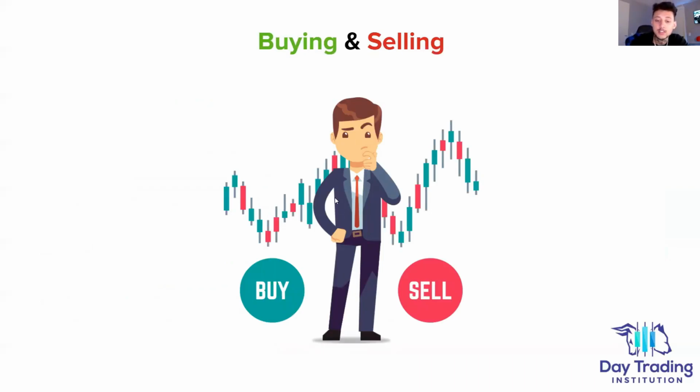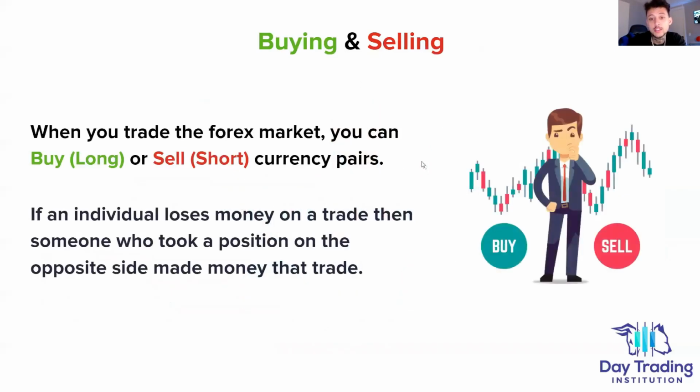Now, buying versus selling, long versus short, these are basic terminology that we as traders use to refer to what positions we're taking within the market. When you trade the Forex market, you can either buy or go long, or you can sell or go short on most or all currency pairs. If an individual loses money on a trade, then somebody else basically took their position, because for every single buyer, there has to be a seller.